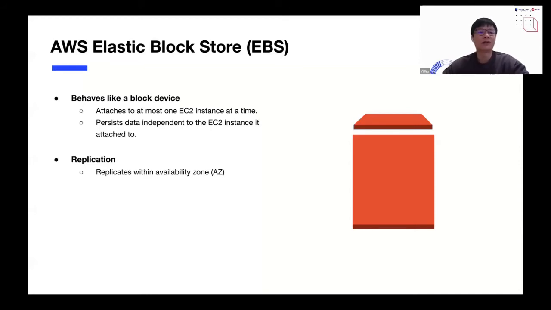Under the hood, I believe EBS has 2 replicas within an AZ, so it has higher availability and a lower failure rate compared to an EC2 instance.